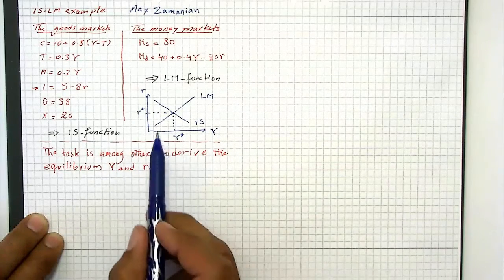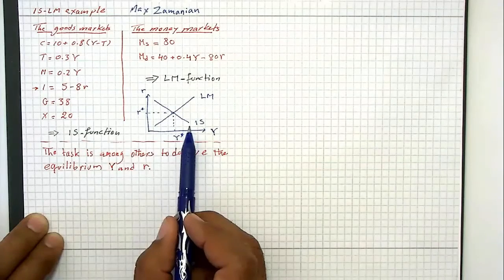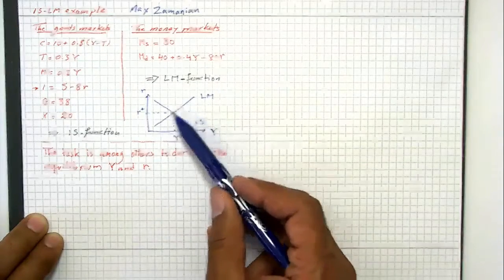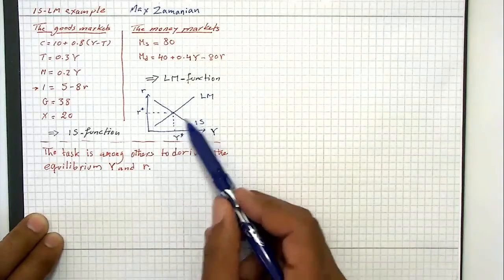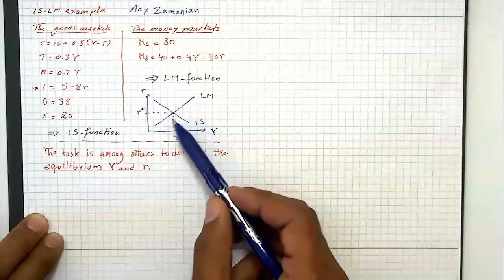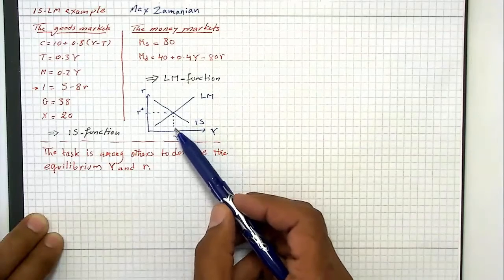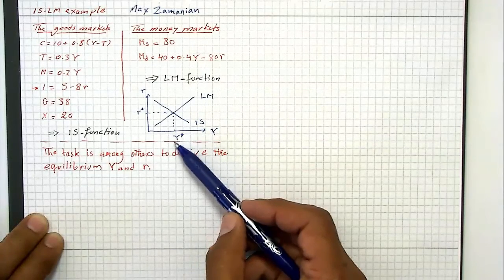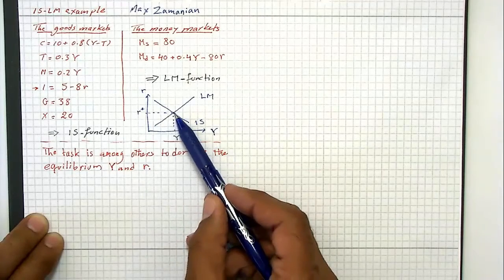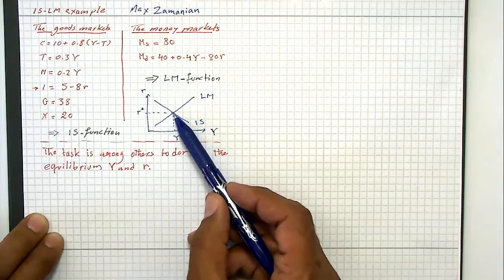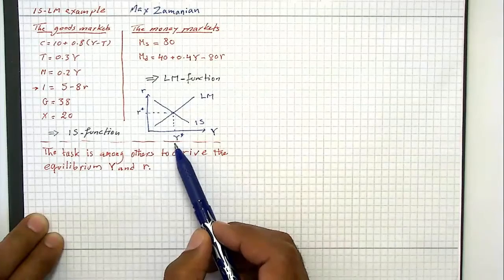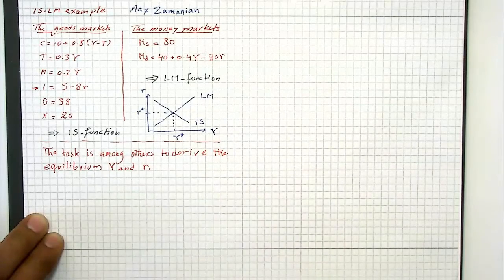So what we are going to do is first derive this function and then derive this function, both of them represented by equations, and then using these two equations we solve for the point of intersection, meaning where these two equations have the same point for y and r respectively.